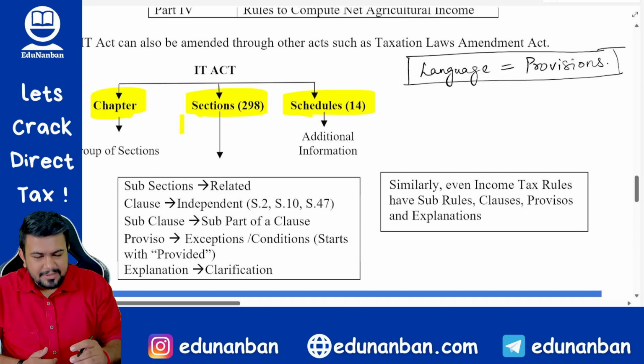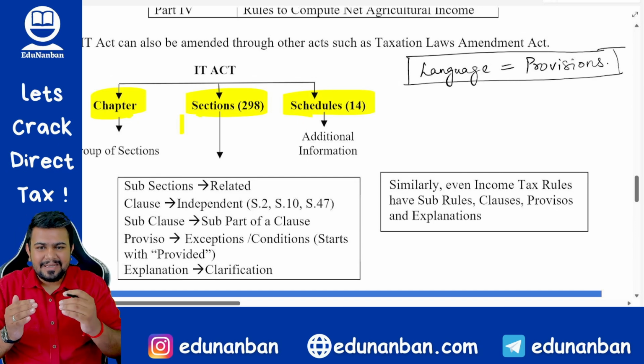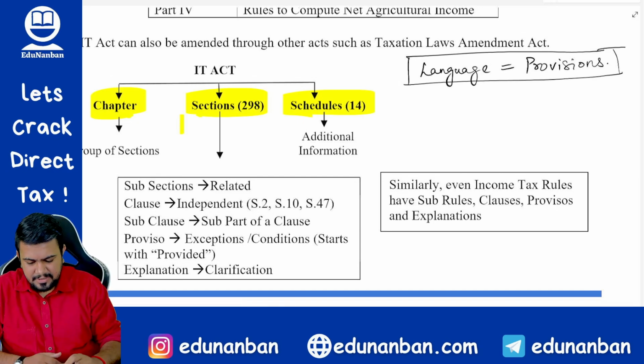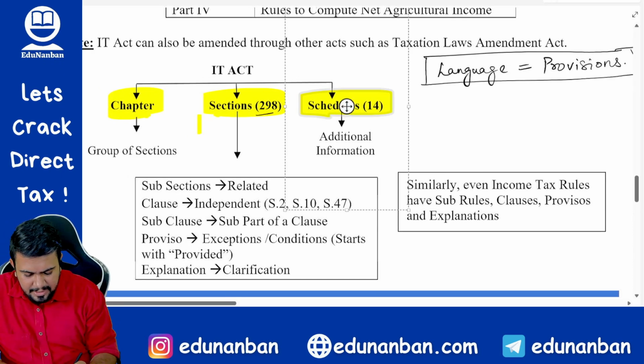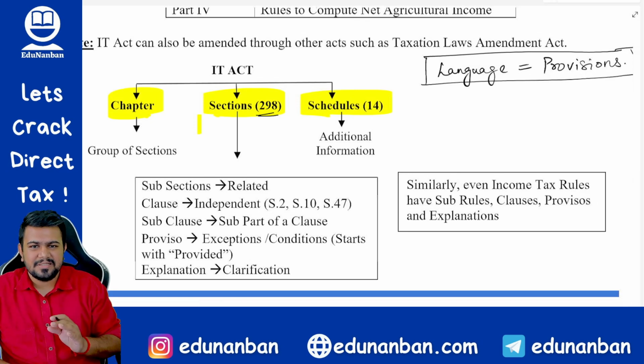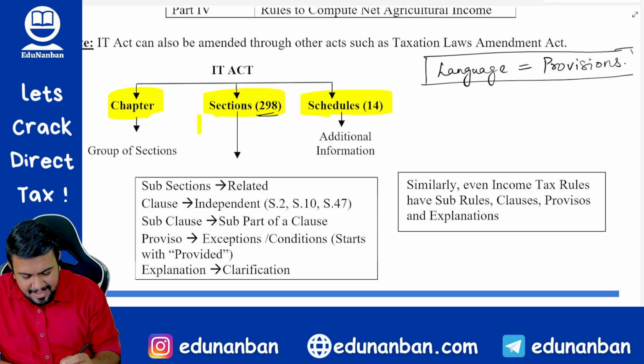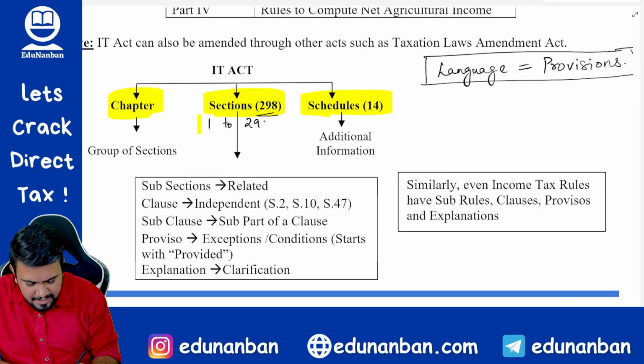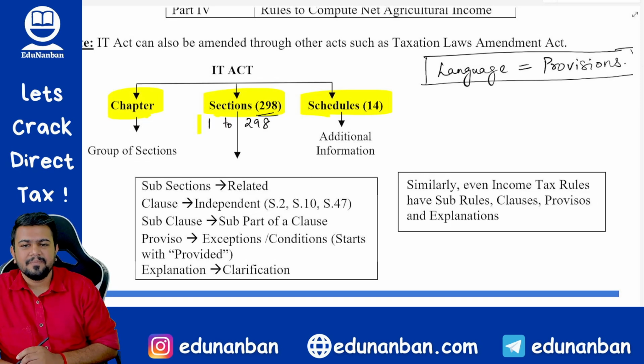Now, these provisions are categorized into different sections. Here I have written 298. Does it mean that the Income Tax Act has 298 sections? Definitely no, Kanna. Life is not so easy. The numbering of the section is only from 1 to 298. However, there are not 298 sections. There are way more than 298 sections.